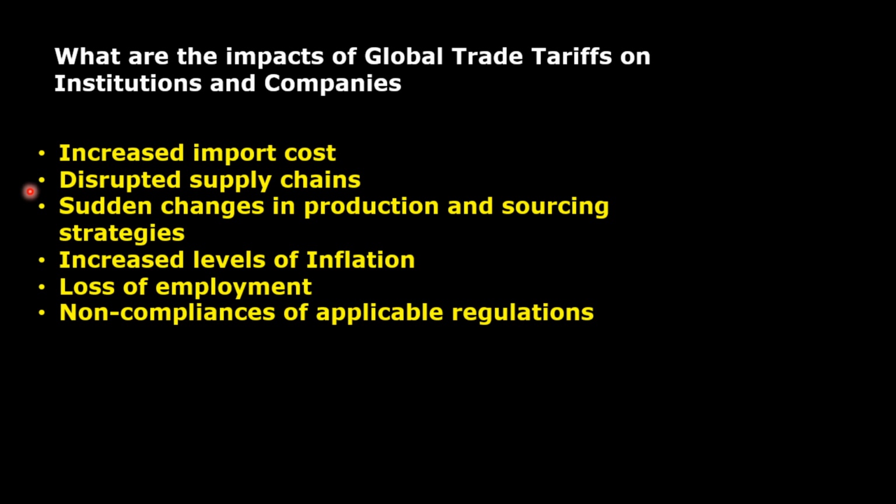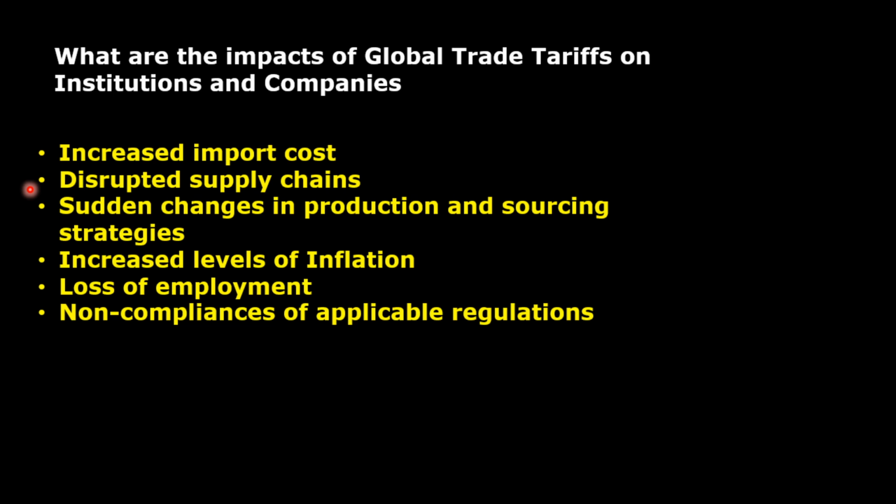Then we have disrupted supply chains. When global trade tariffs are imposed, supply chains are usually disrupted because companies and institutions try to buy products or raw materials from sources that provide them at a cheaper rate or with some incentives. The incentive may be given by the local manufacturer or some external provider.